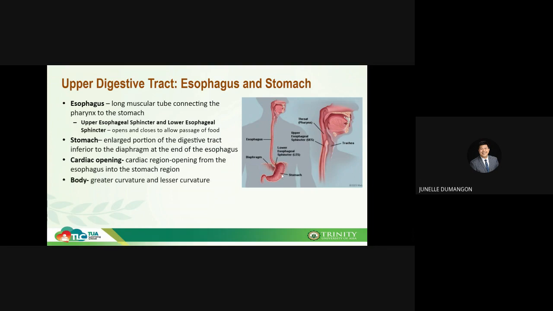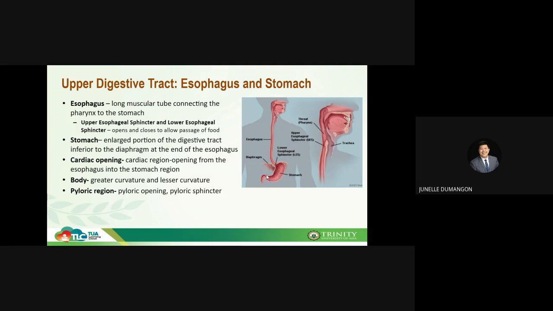And then, this big portion here is the body of the stomach, and it's composed of two curves. This curve on top is the lesser curvature, and this curve at the bottom is the greater curvature. Okay, so the body of the stomach has a lesser curvature and a greater curvature.